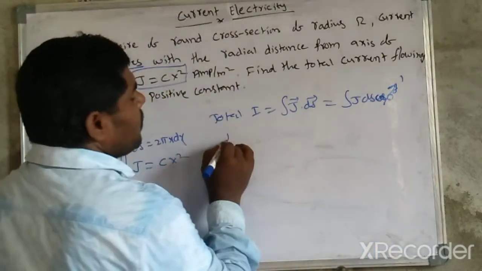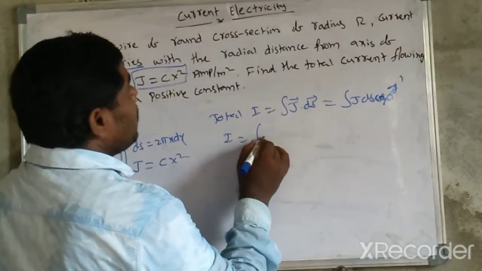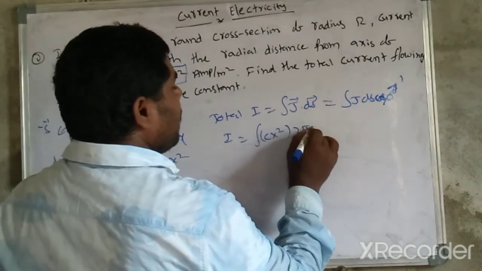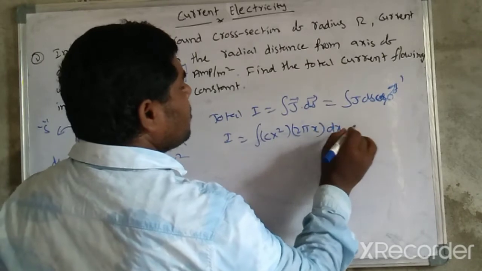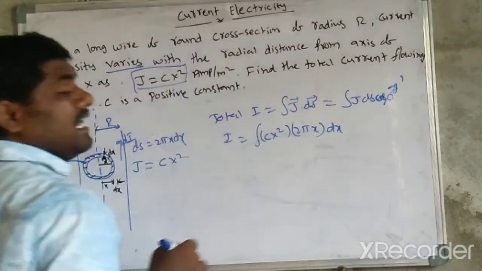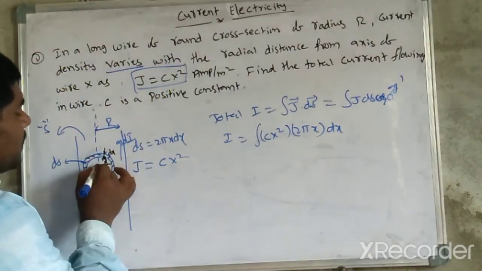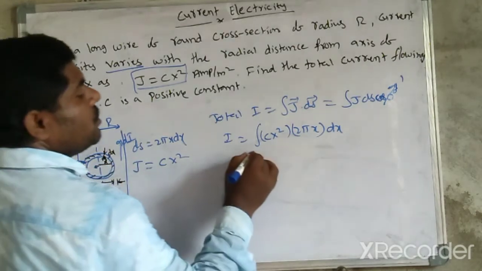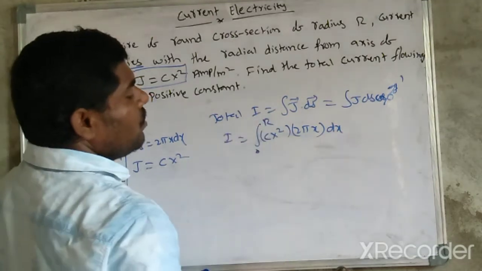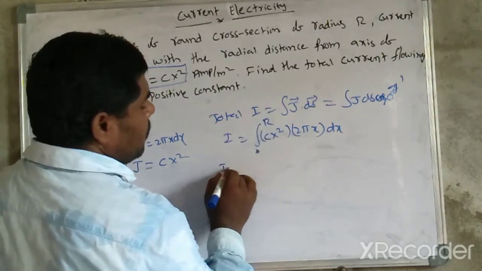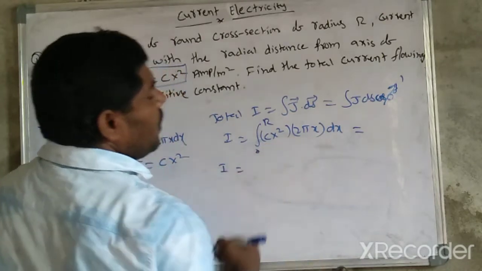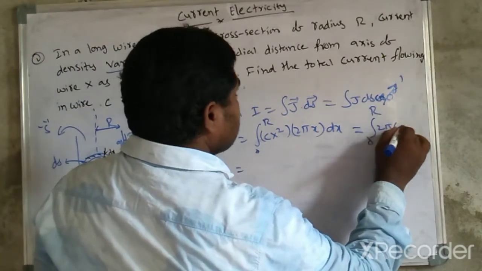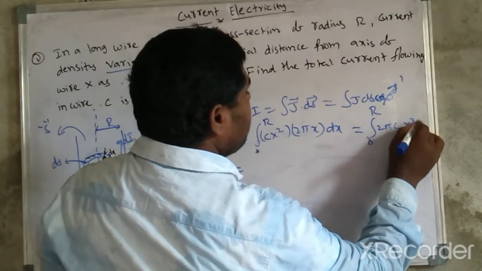So the total current I is equal to integral of j, which is c x square, times ds, which is 2 pi x into dx, times 1. The integral limits: the center is the origin, up to the total radius r, so 0 to r. So the current I is equal to integral from 0 to r of 2 pi c x cube dx.